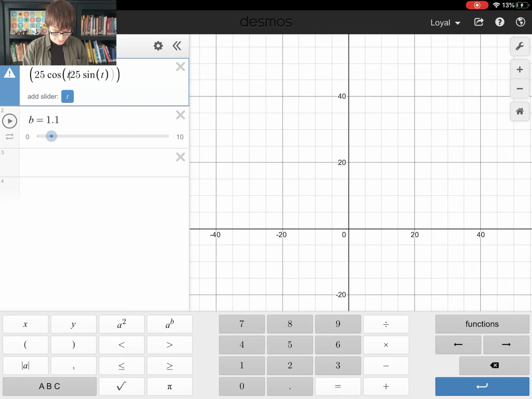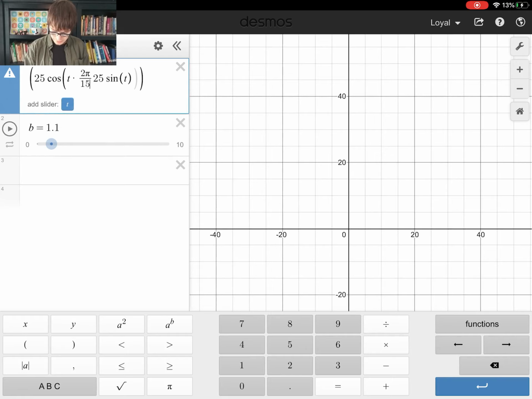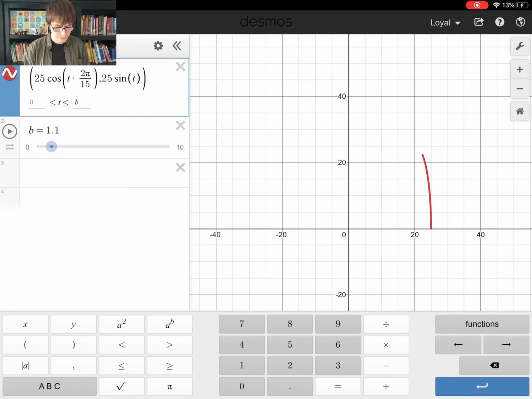Oh my, I'm not versed in this well enough. Times 2 pi divided by 15. Okay. And that's the same thing as saying t over 15 times 2 pi. I just moved it around a little bit.